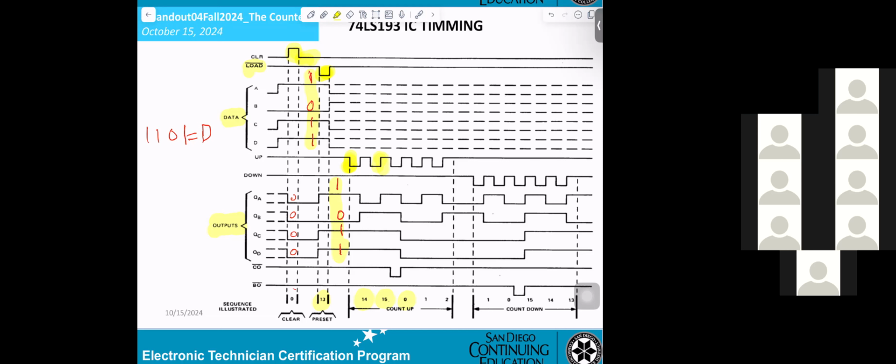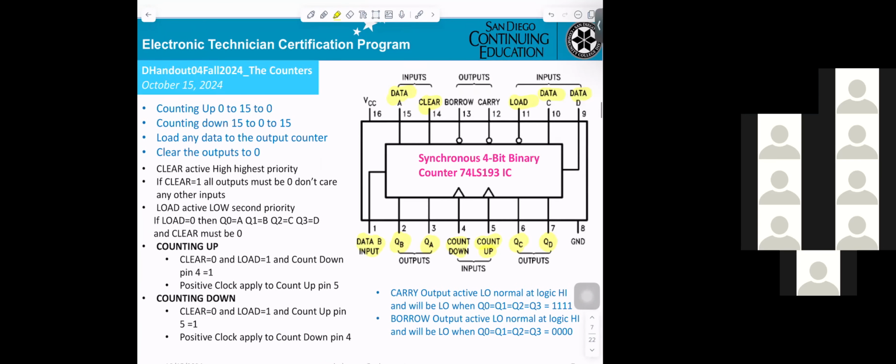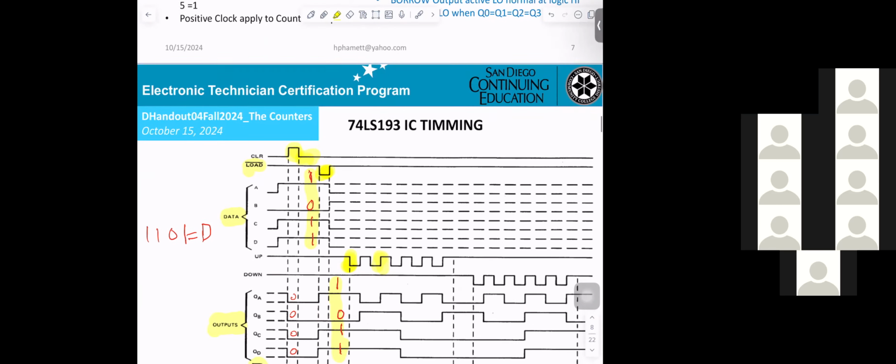Now, we pay attention on this one, CO output. CO, carry out. That means pin 12 here. Output carry.